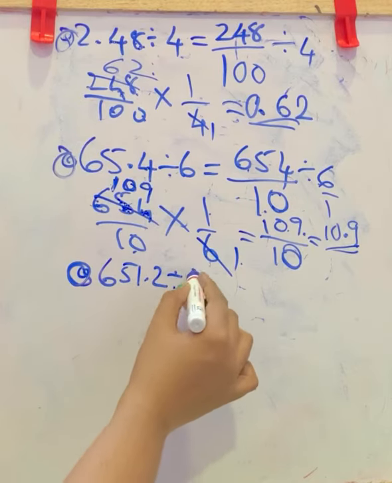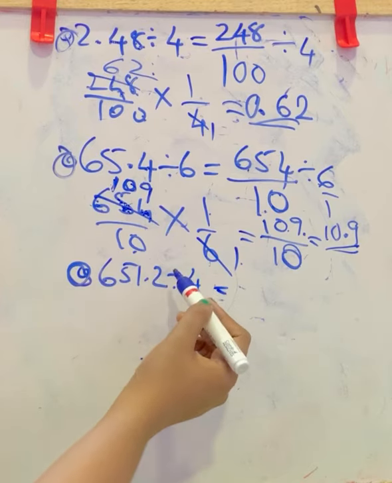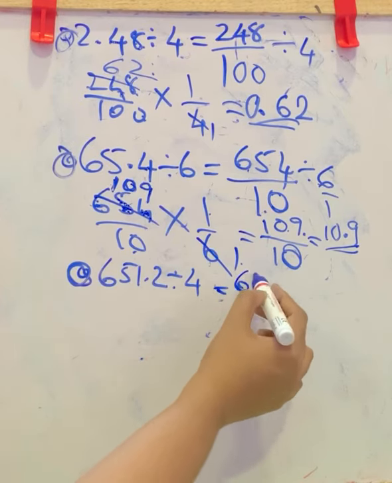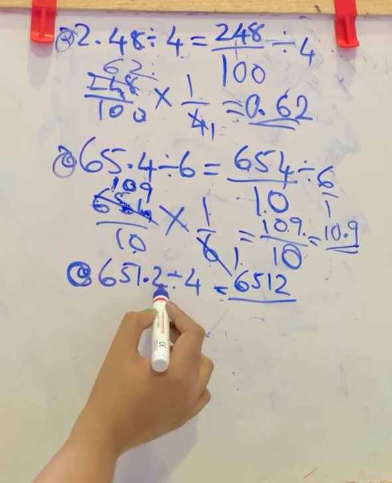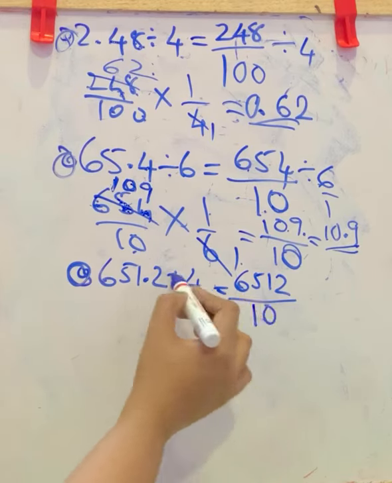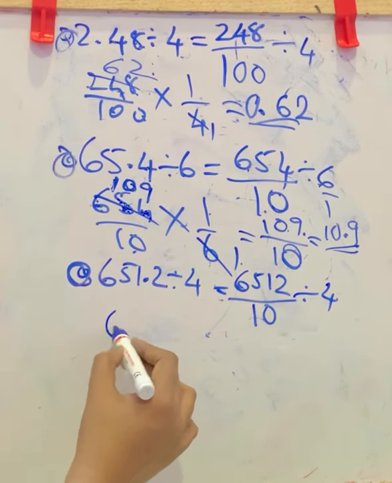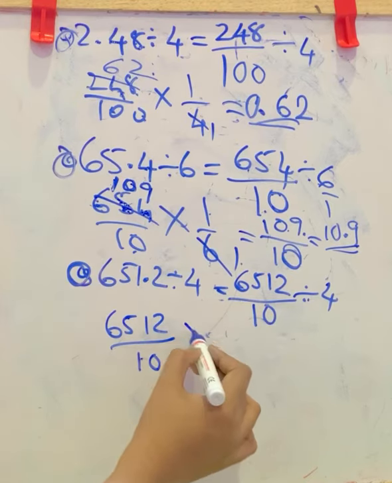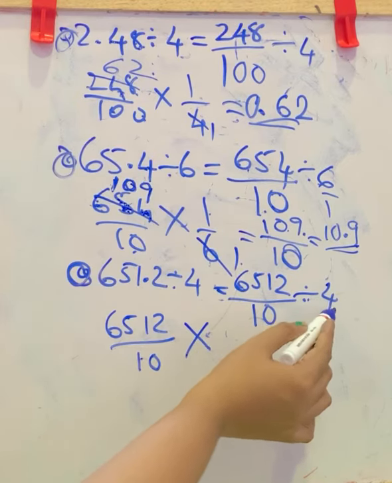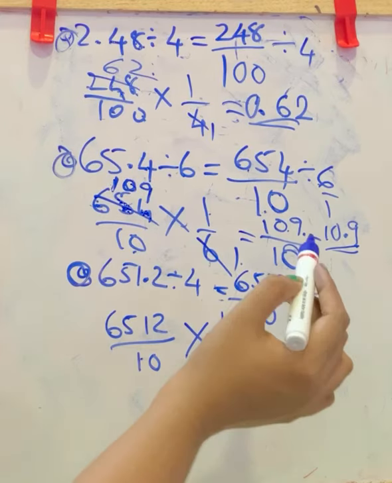Next question, 651.2 division 4. Here 651.2 can be written as 6512 by 10, since there is only one number after the decimal. Division 4, where 4 means 4 by 1. 6512 by 10, division changes to multiplication, then 4 by 1 changes to its reciprocal, 1 by 4.